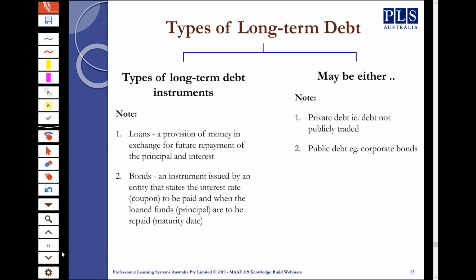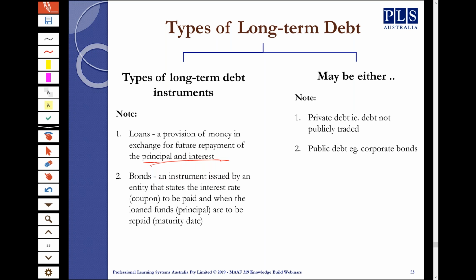As you then build, however, once you've got that little bit of coverage out of the way, you come across to your long-term debt. Look, yes, you can talk about loans, you can talk about bonds. All the Institute's really interested in here historically is the logic coming through with respect to your loan area. So that idea that you've got a provision of money in exchange for your future repayment of your principal and interest is what you're looking at.